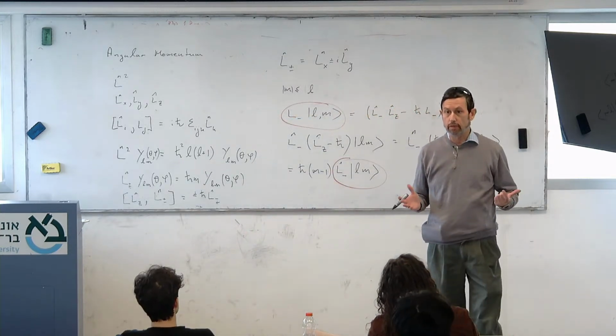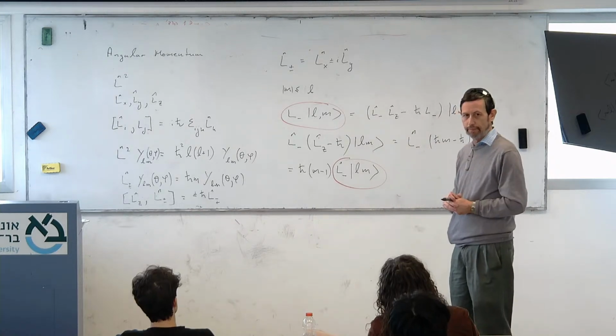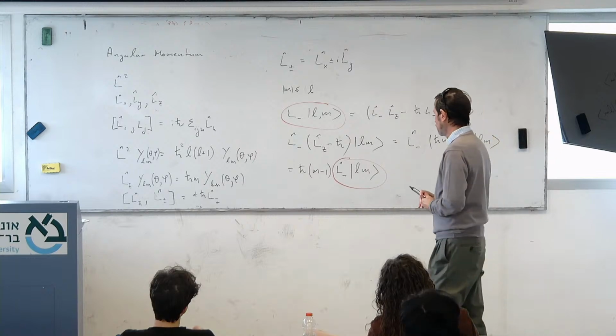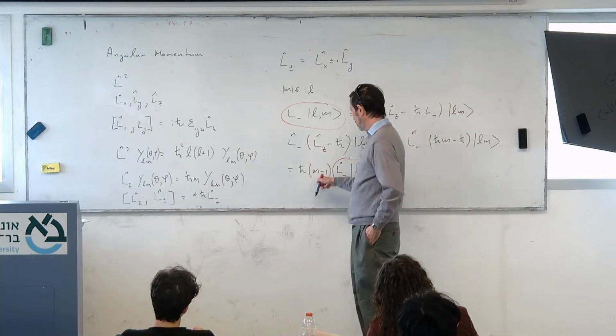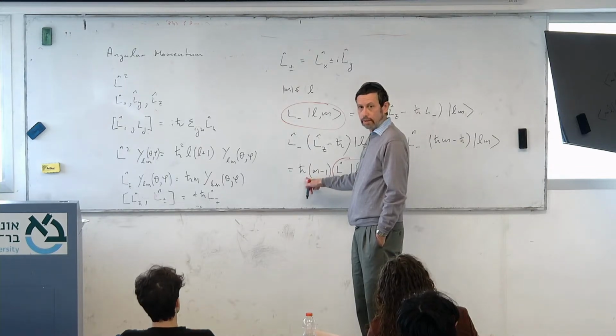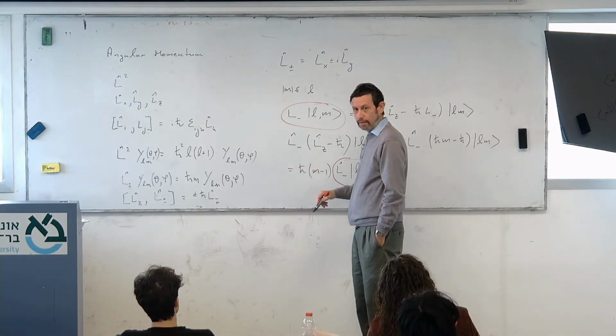And we got here the same vector, n minus 1 times h bar. What does it mean?